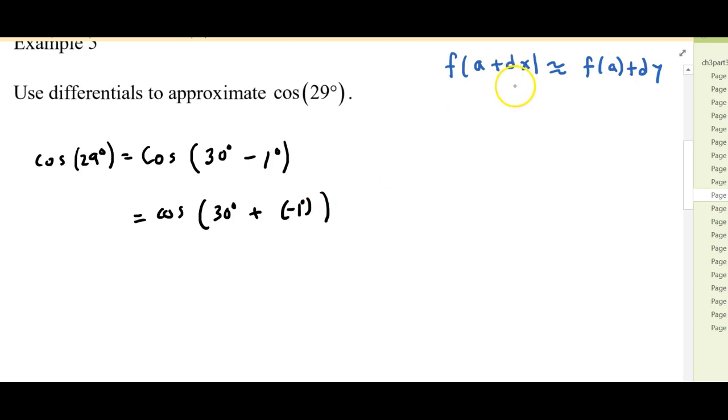Now, dx is a distance. dx is a real number and so is a. Right now, 30 degrees is not a real number and neither is 1 degree. So what we should do first is convert both of these to radians, because both a and dx should be real numbers. 30 degrees we know is pi over 6.